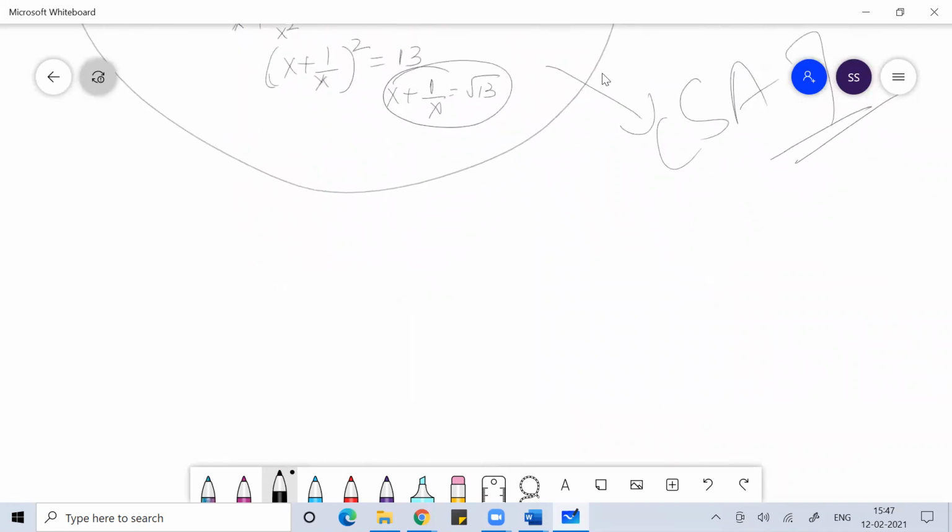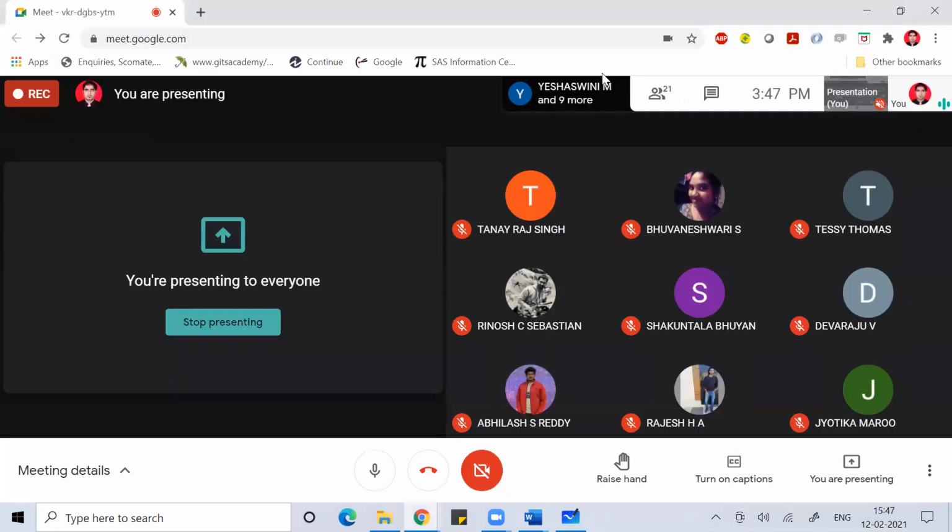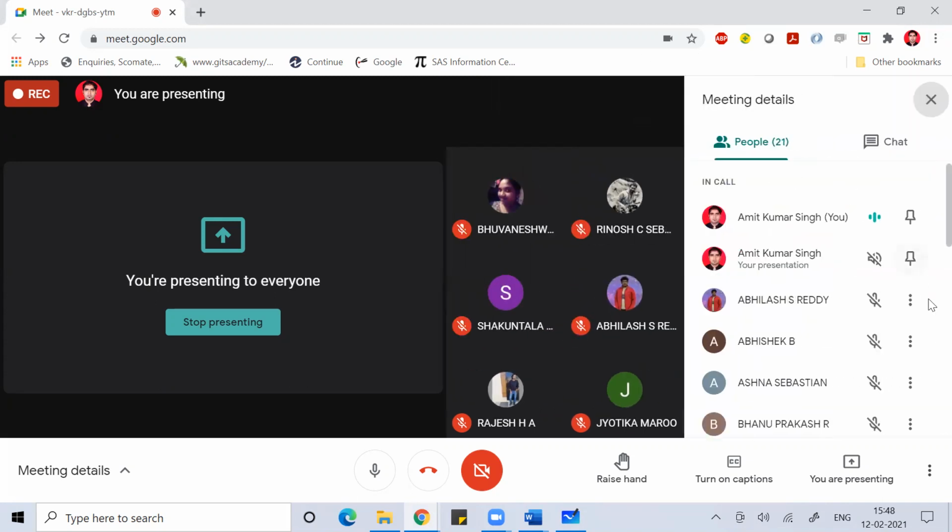Any doubt? Tanay, Bhuvneshwari, any doubt? Sakuntala, anything you want to ask? Devraj, Rajesh, Jyotika, Tashi Thomas. Sorry if I could not spell your name properly. Anyone, any doubt? I can only see these people's names now.